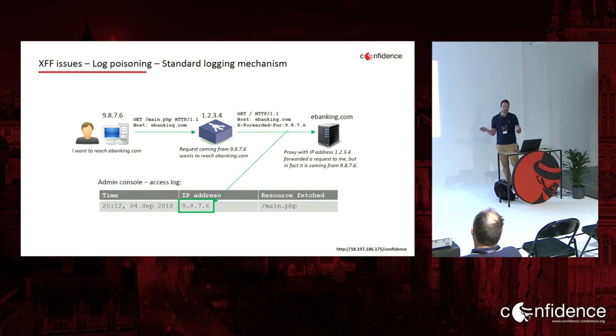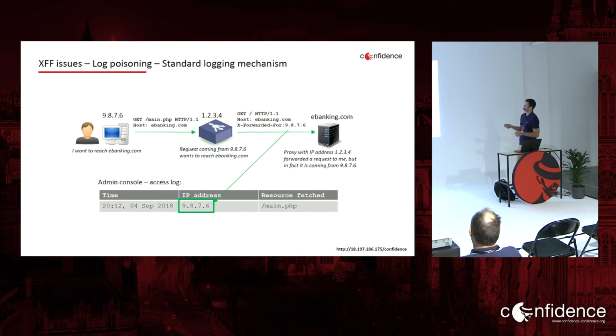So let's imagine that we have some application which allows an administrator to view the access log in the web browser. A client coming from the 9876 IP address wants to reach ebanking.com. He sends a request. This request is intercepted by some proxy or load balancer or whatever.